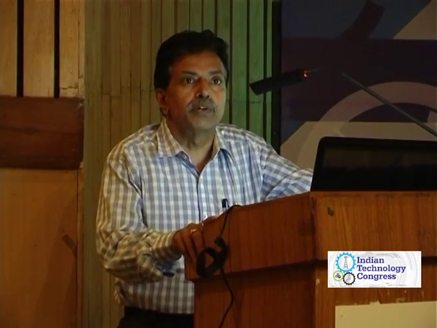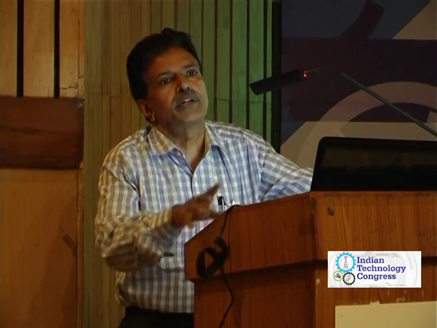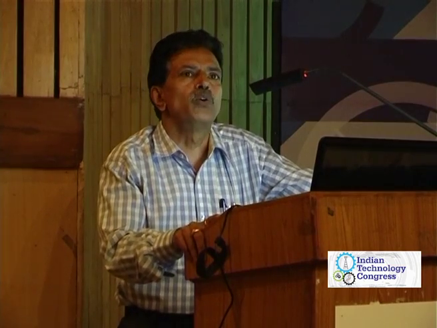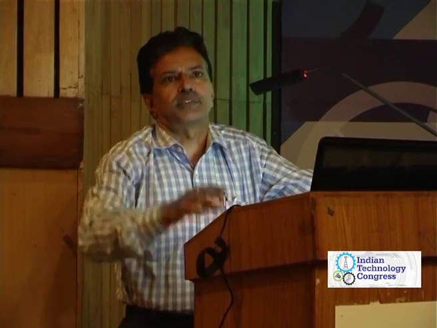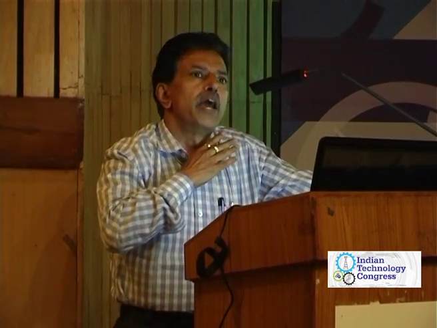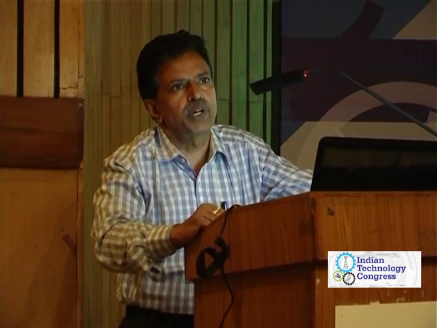And the other issue, which has not been really looked at from the academic point of view, is how to look at large scale production. Okay, I can produce one piston, I can produce two pistons, I can produce 10 pistons, but I am talking about economically feasible large scale production.